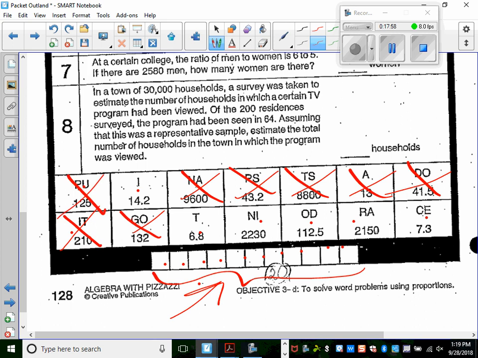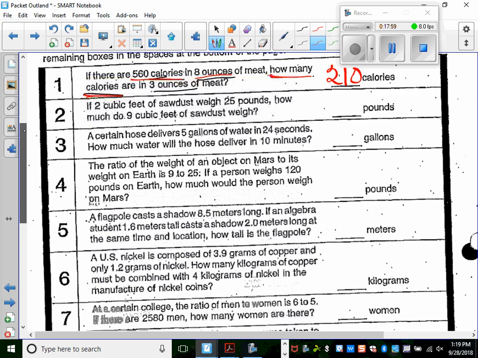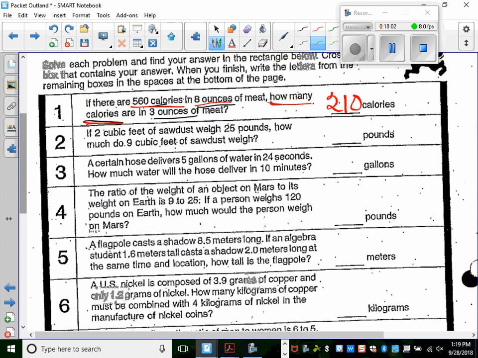In the second one, you're comparing cubic feet to pounds. If you want to compare in that order, just make sure you have your cubic feet number at the top, your pounds at the bottom. This is the last one I'll set up with you.